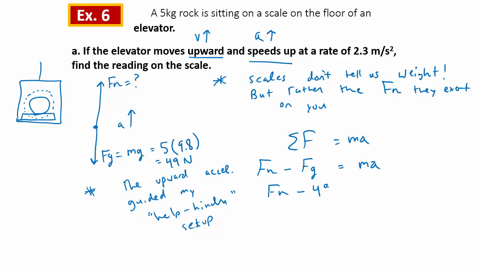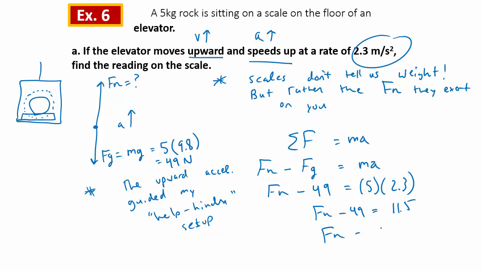So we put 49 on the left, equal to mass times acceleration: 5 times 2.3 meters per second squared, which was given in the problem. The normal force minus 49 is equal to 11.5, which means the normal force is equal to 60.5 newtons.